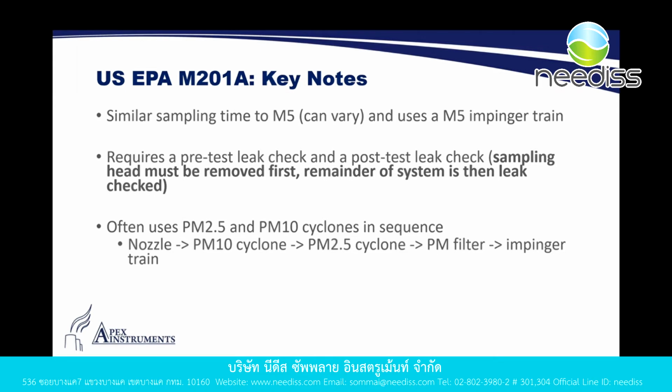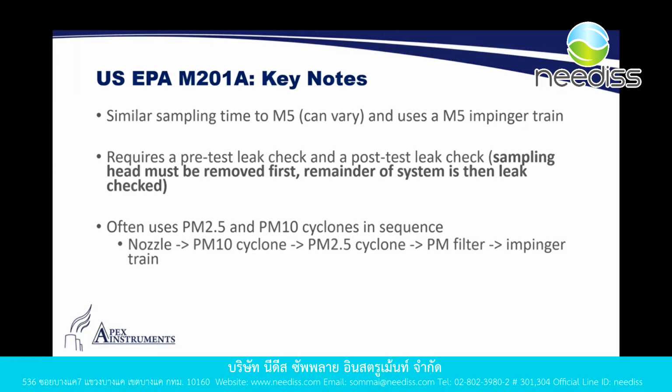Further notes on 201A: the sample train is basically exactly the same as doing a basic Method 5 test. You have a probe, you have 4 impingers, you have your console, your metering box with your gas meter and your orifice.